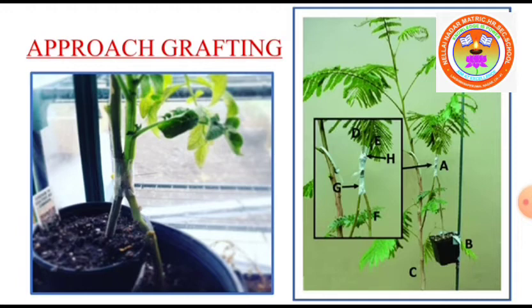You can refer to the picture in your textbook also. They are held tightly by tape. After 4 or 5 weeks, the tip of the stalk and the base of the CN are cut off, and they detach to grow as separate parts.